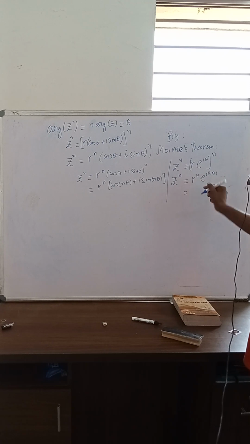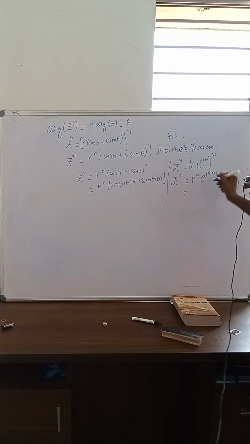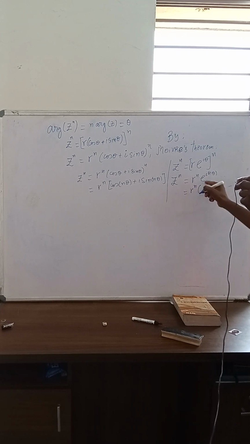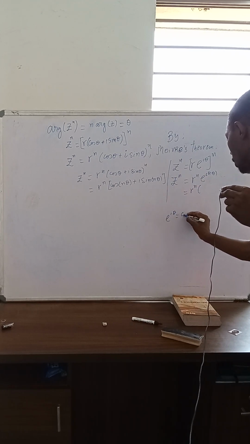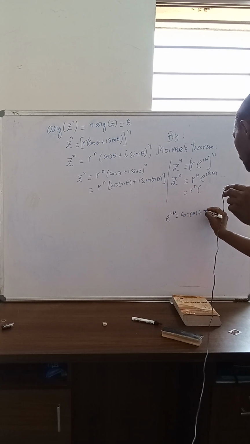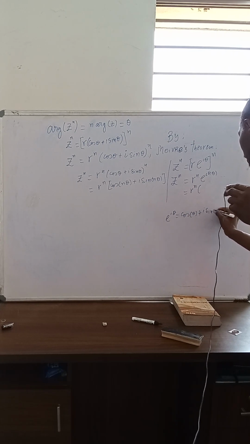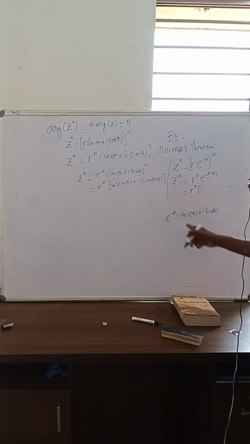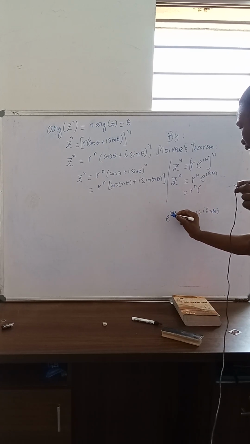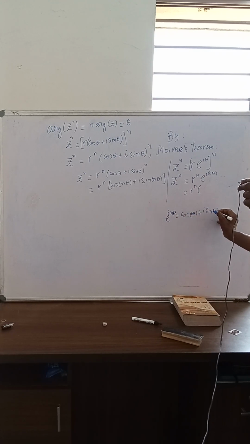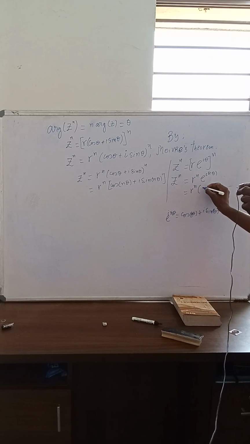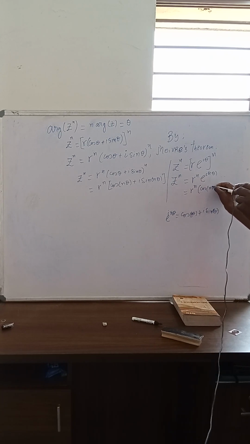We know that e raised to i theta is cos theta plus i sin theta. Now if we add n here, I get n in both places, so I can write cos n theta plus i sin n theta.